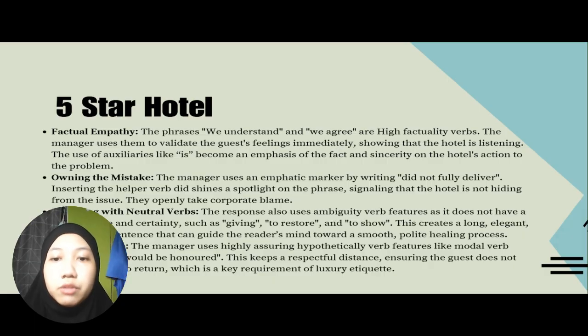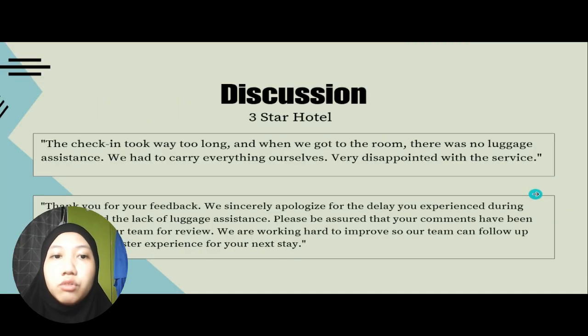For the three-star hotel, I use Ahmad's review and response because again it has a lot more verb features. From the three-star hotel, it can be seen that they move to standardized facts because they use high factuality verbs like "we apologize" and "comments have been shared."